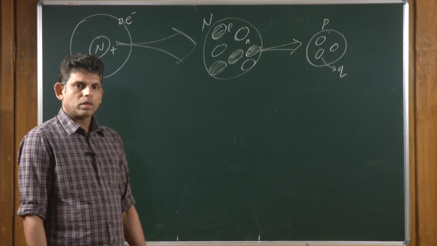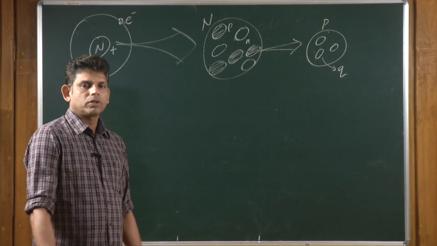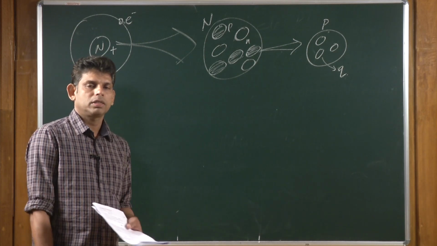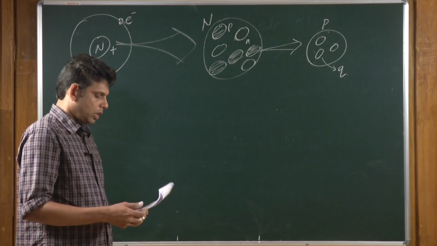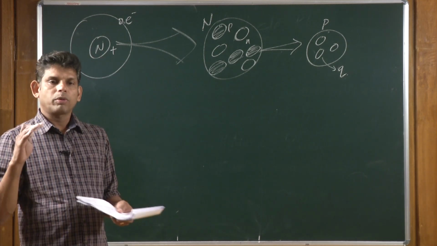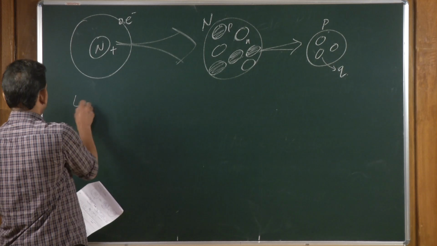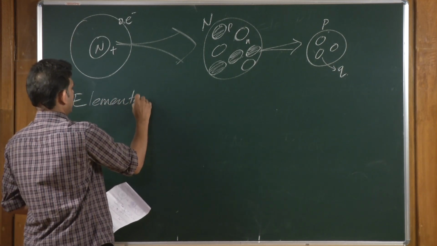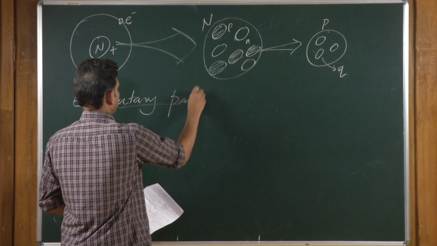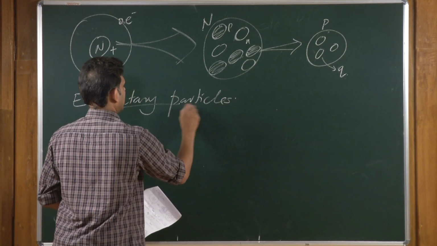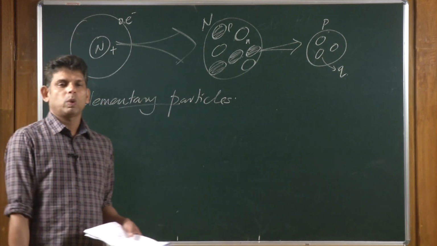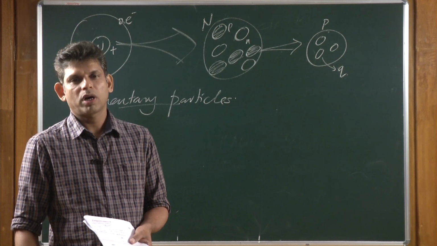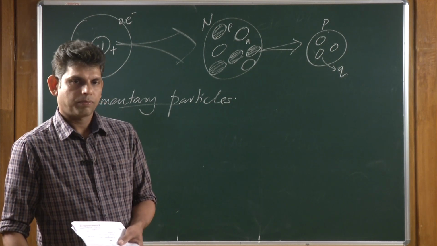Now, we can ask many questions: what exactly is this, what are the properties of these quarks, how many of them are there, etc. At the moment we can consider these quarks as elementary particles, meaning we do not know, at least to the level that we have probed, quarks are without any substructure, they are elementary.